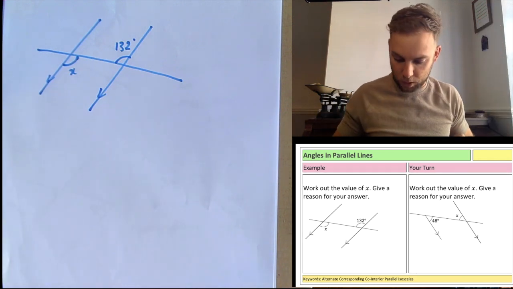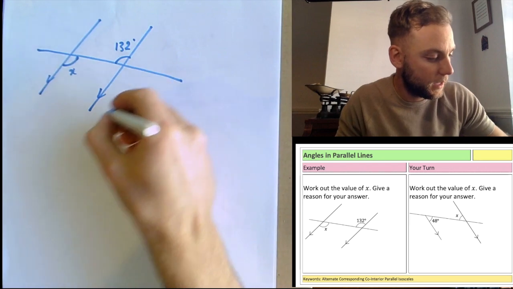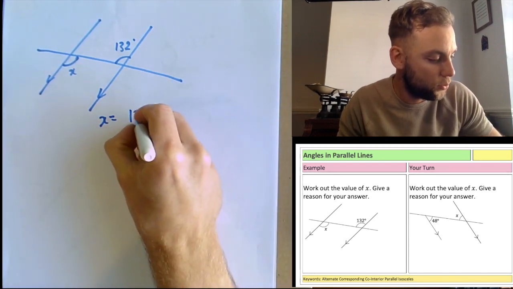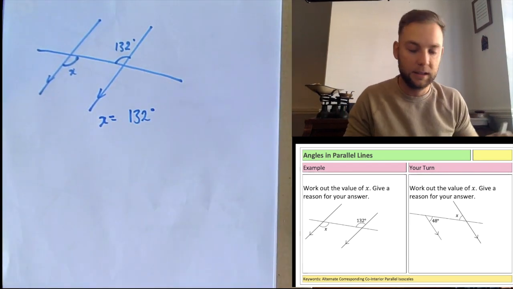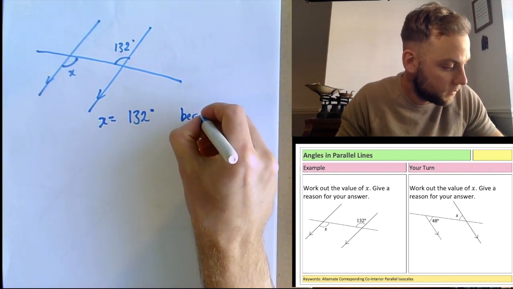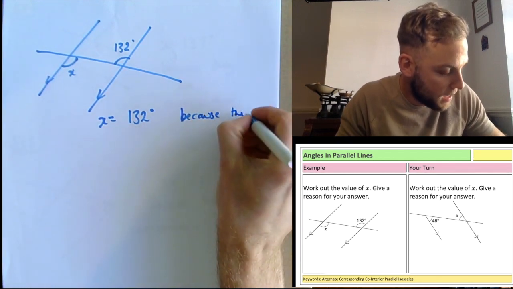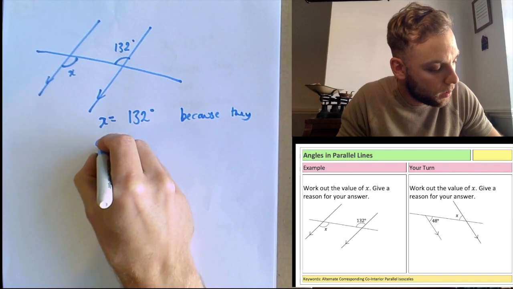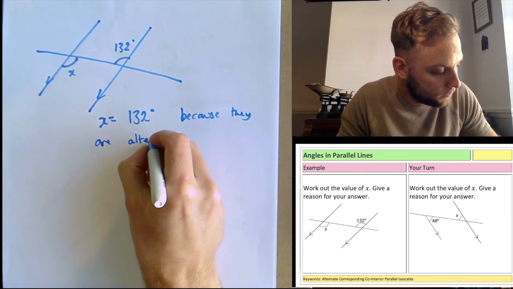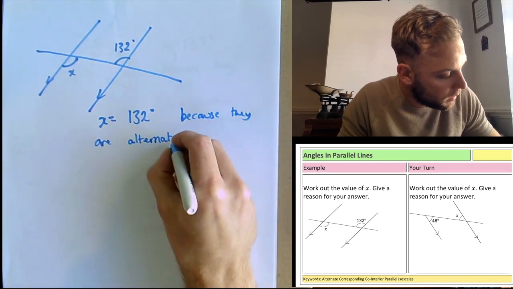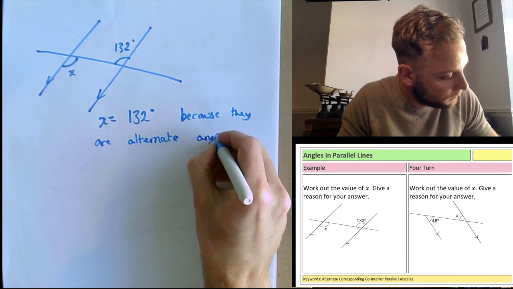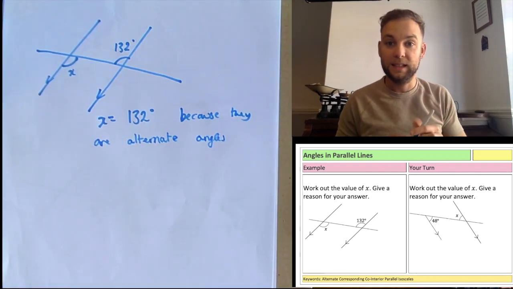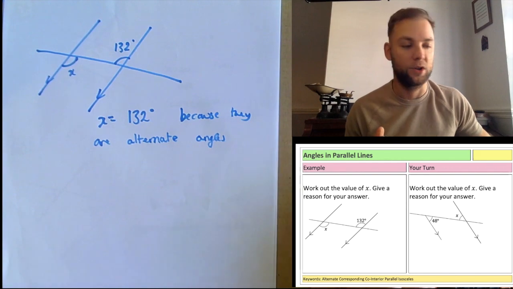So with this one, x is equal to 132 degrees because they are alternate angles. Brilliant. Okay, so these now aren't corresponding, they're alternate angles.